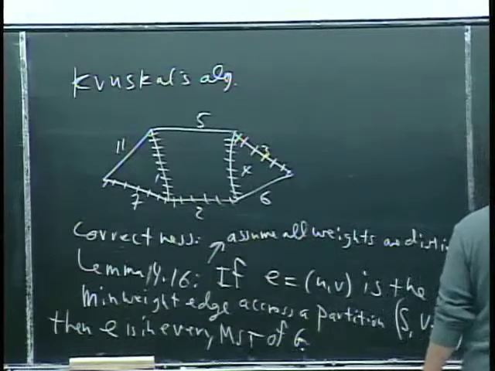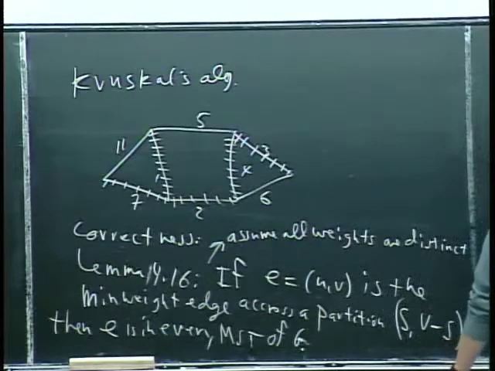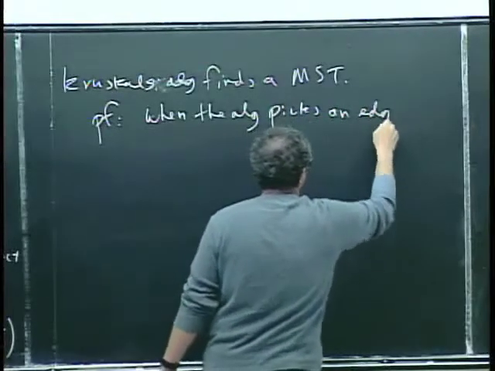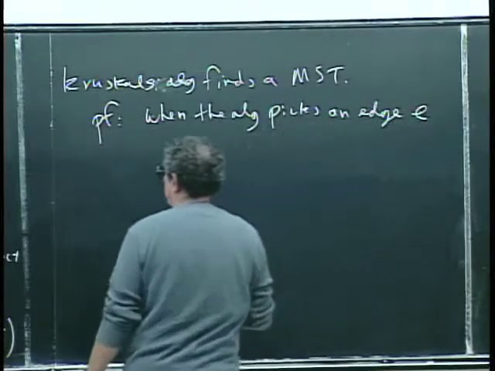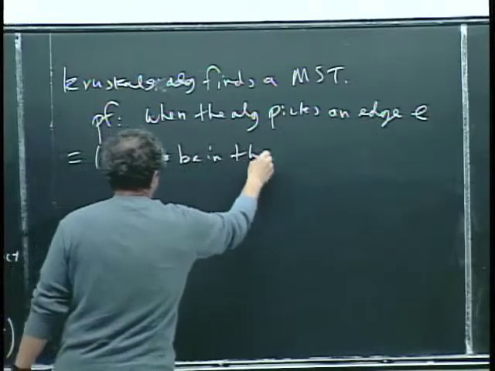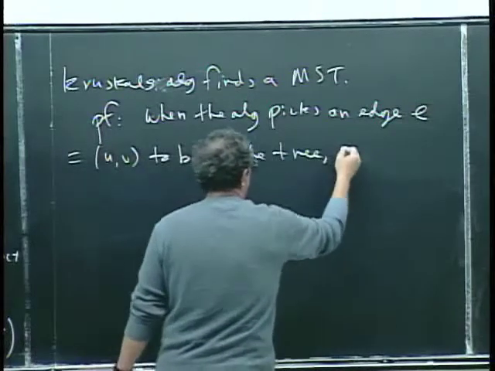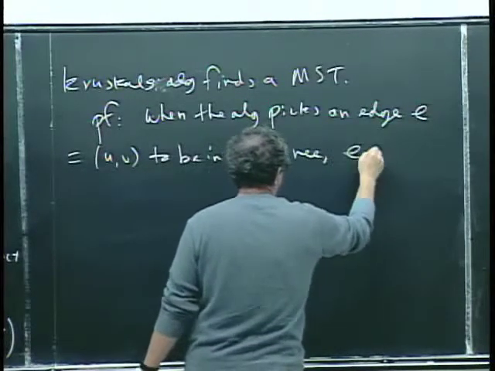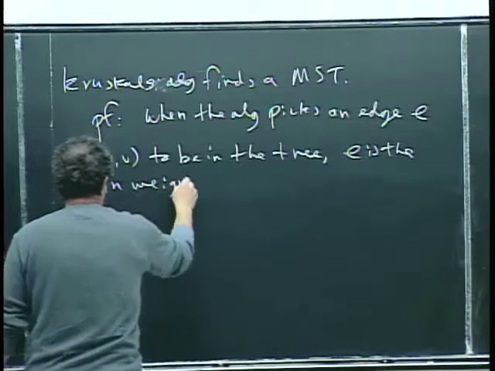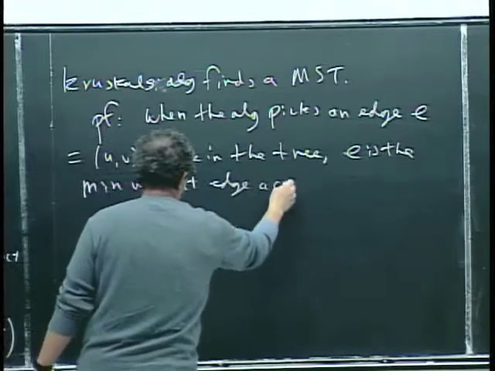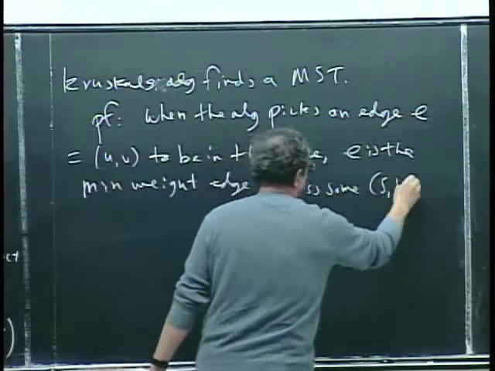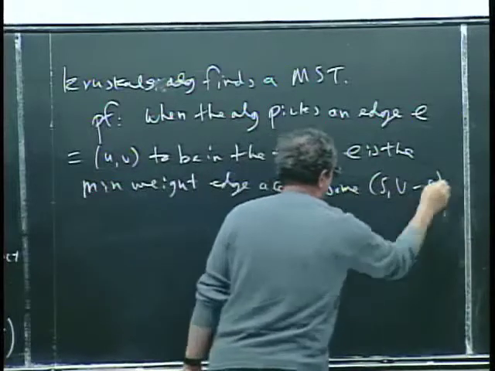So first thing we want to prove is that when the algorithm picks an edge E, that's UV, to be in the tree, E is the minimum weight edge across some partition S, V minus S. Okay?